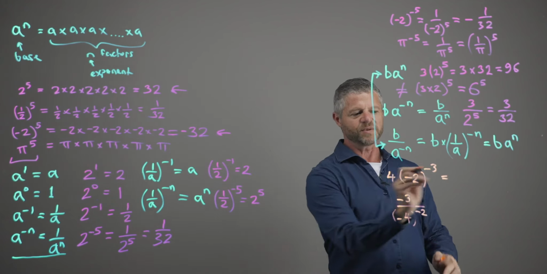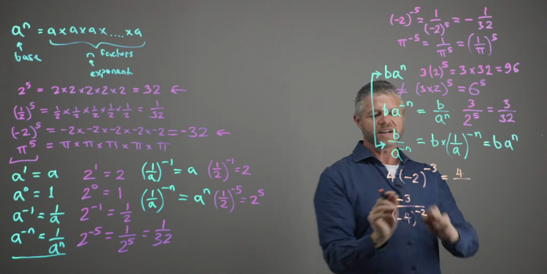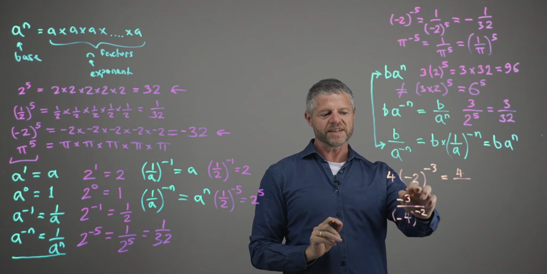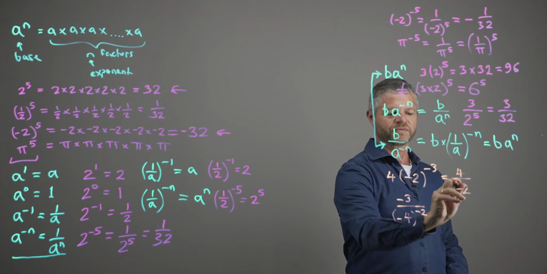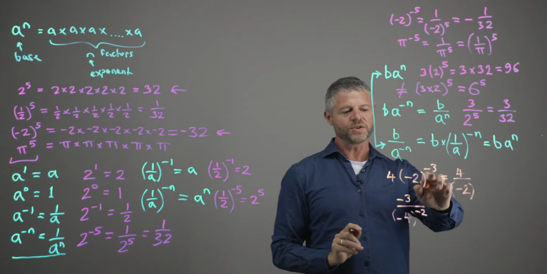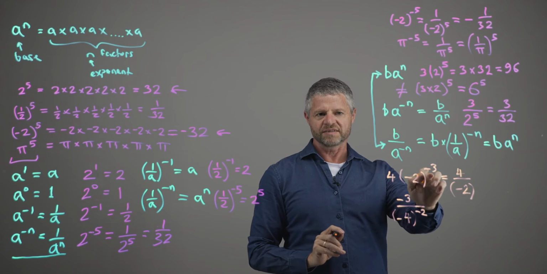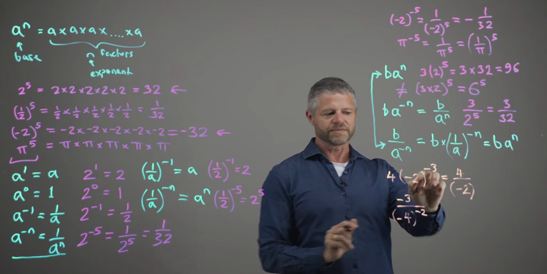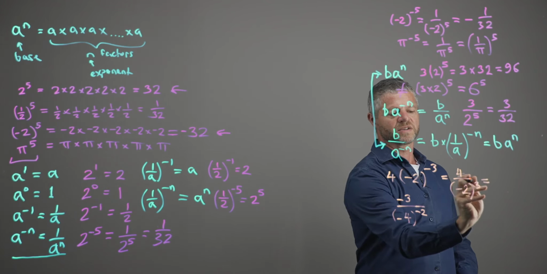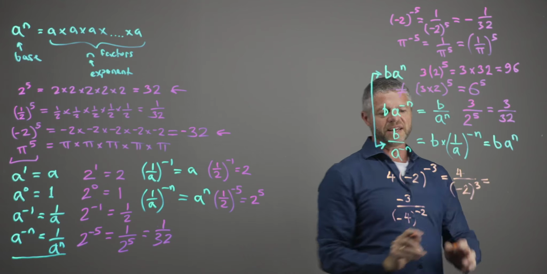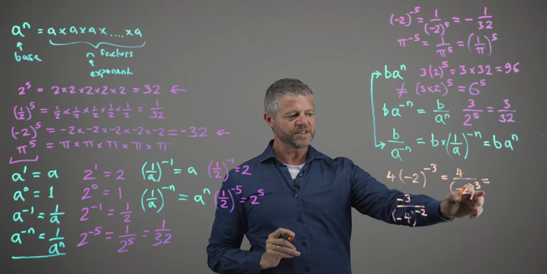So let's do that. We'll leave the 4 in the numerator. And now in the denominator, because now I'm turning this into a fraction, I'm going to have minus 2. The minus 2 is raised to the power of the positive of this, what is currently a negative integer. So 3. So that's going to be 4 divided by minus 2 raised to the power 3.